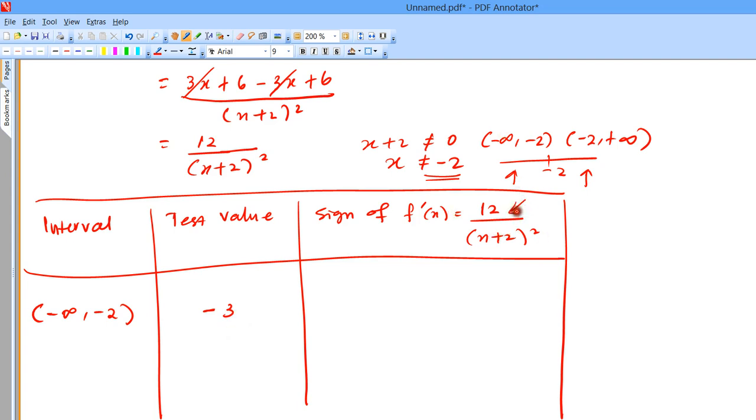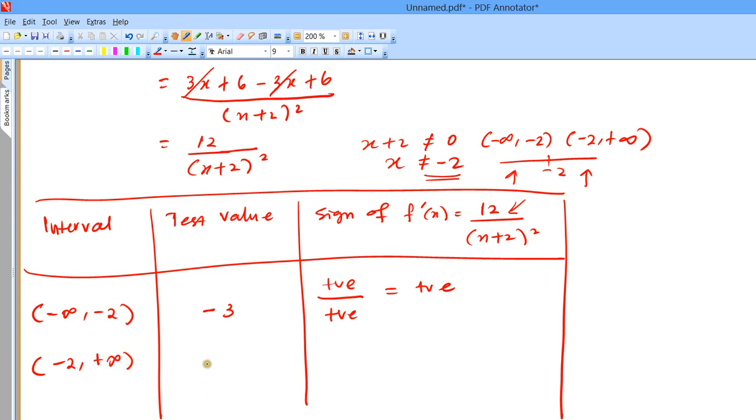The numerator is 12, which is positive. Divided by the denominator, negative 3 plus 2, but we have a square here, so the denominator is always positive, equal to positive sign. And then the second interval, we have negative 2 to positive infinity.